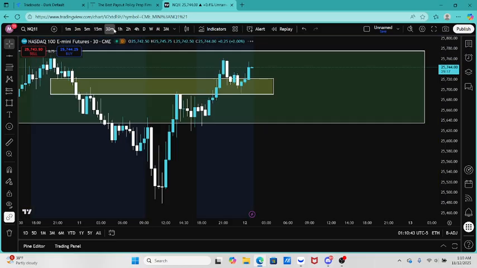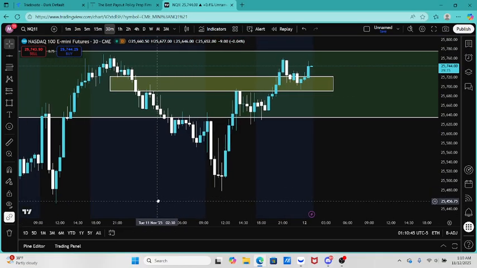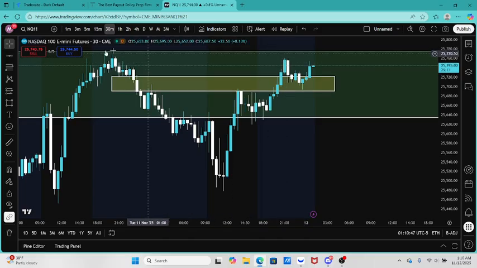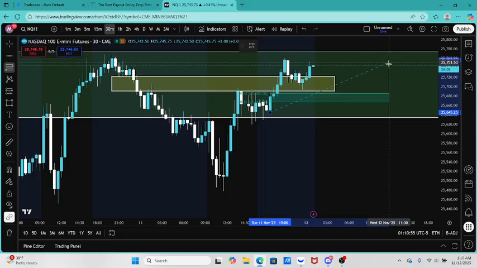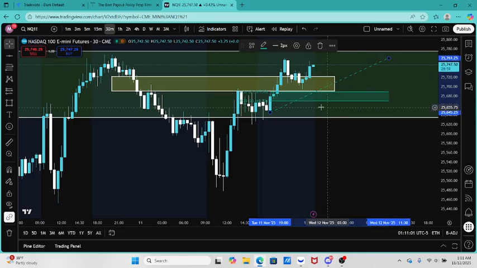And then we have this high and this high right here. We have this low to high. Like I said, we did have that little gap in there, but I don't think we're going to come all the way back down.